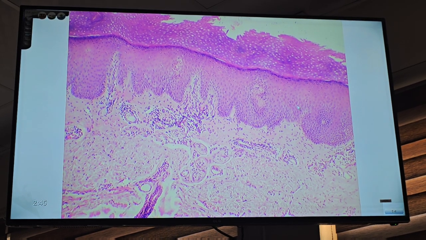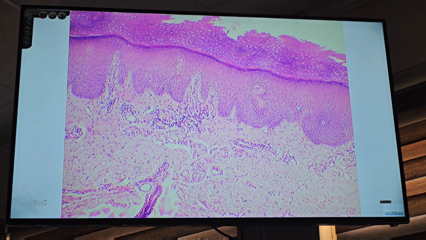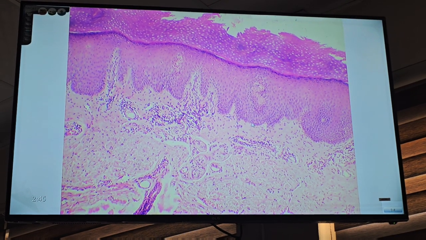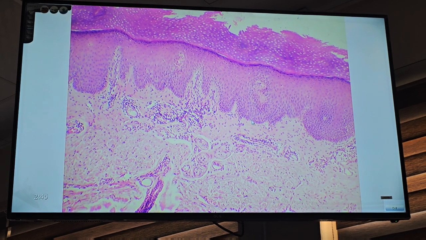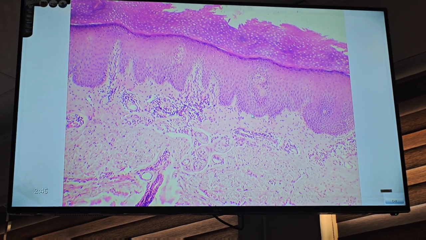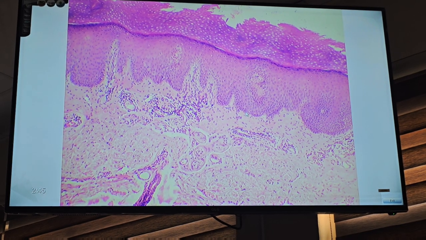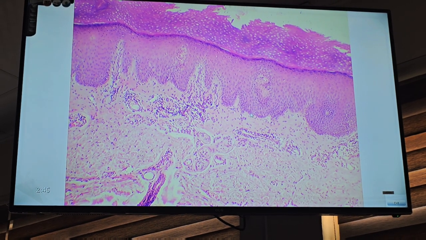The epidermis consists of 5 layers in thick skin. The first layer is called the basal layer or stratum basale. It is a single layer of cuboidal or columnar cells.